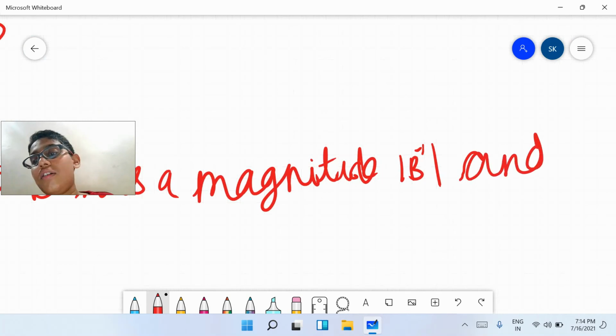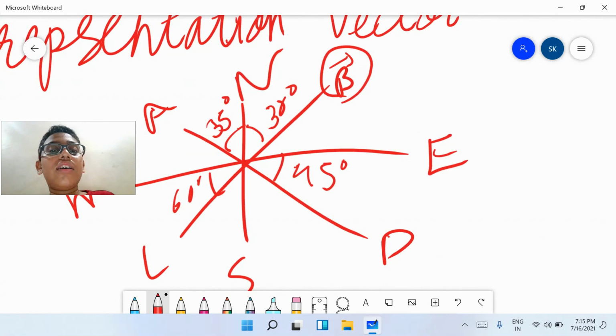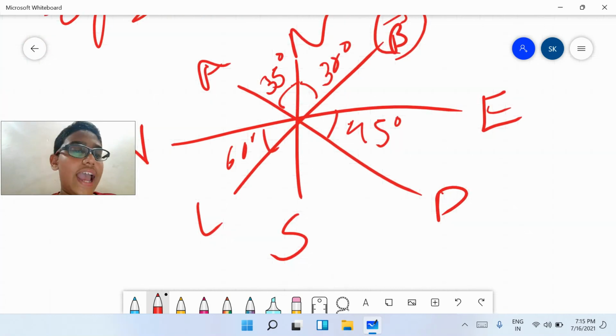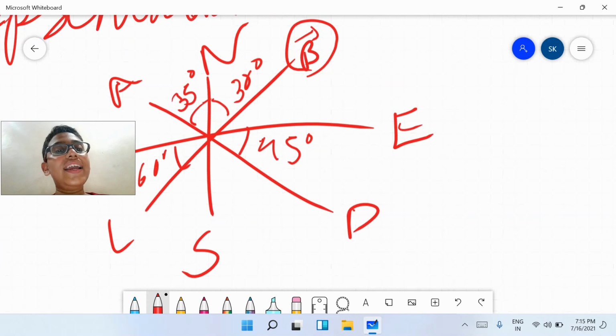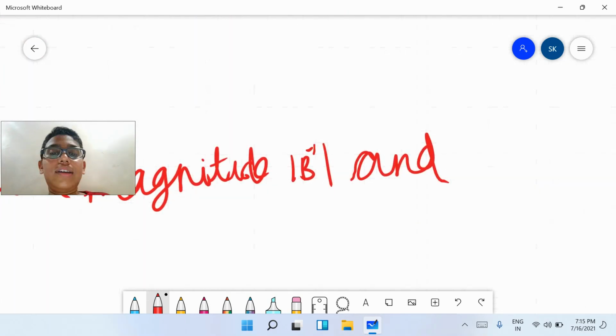And refer to it from our directions N, W, S, E. So how many degrees it is from north, we can write like that.